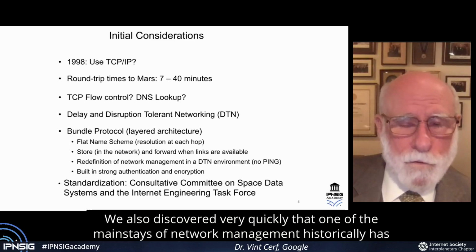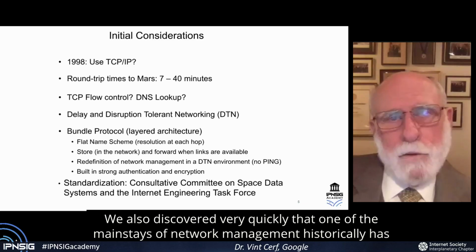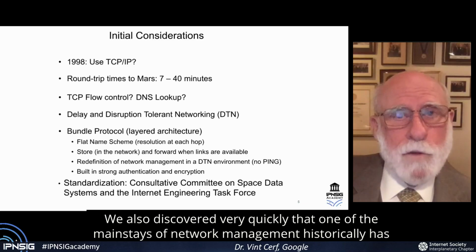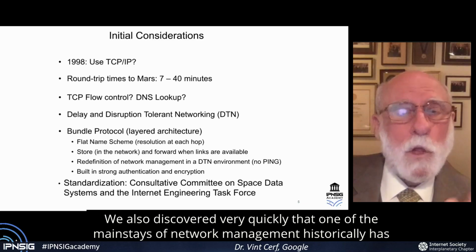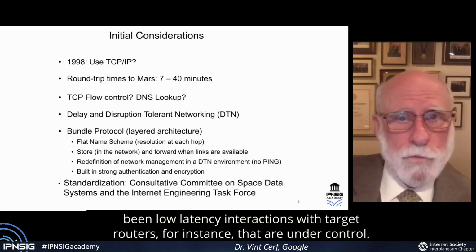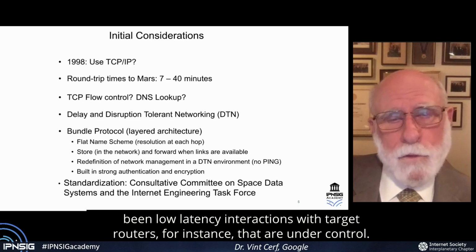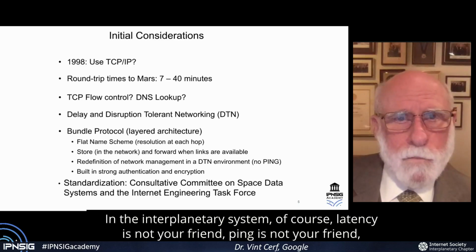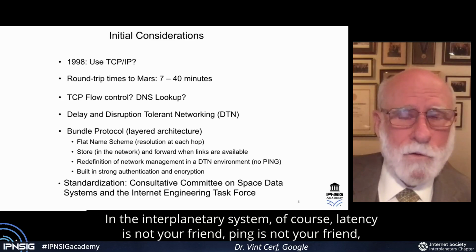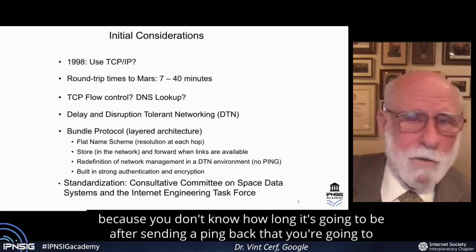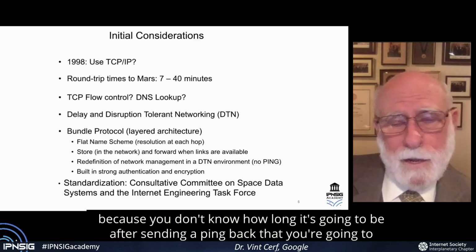We also discovered very quickly that one of the mainstays of network management historically has been low latency interactions with target routers, for instance, that are under control. In the interplanetary system, of course, latency is not your friend. Ping is not your friend because you don't know how long it's going to be after sending a ping packet that you're going to get an answer back.